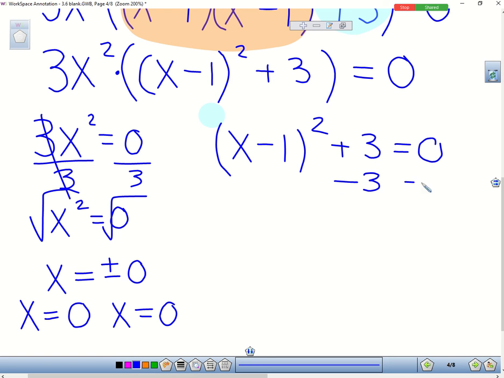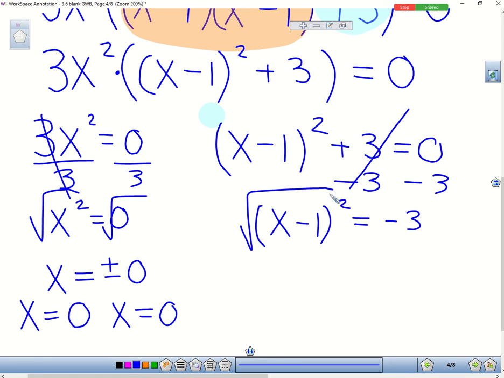Now over here, I'm also going to solve for x. So I'm going to subtract 3 on both sides, which gives me (x - 1) squared is equal to -3. And then I'm going to take the square root on both sides, which is going to cancel out my second power and leave me with x minus 1 is equal to plus or minus. Now, this is also kind of a throwback thing. What happens when we take the square root of a negative number? What letter do we use to represent that? i. This becomes i radical 3.